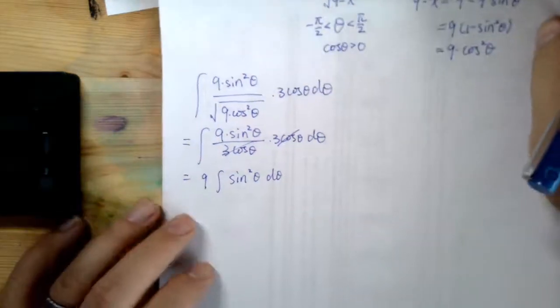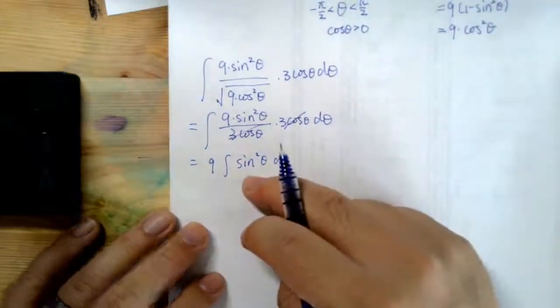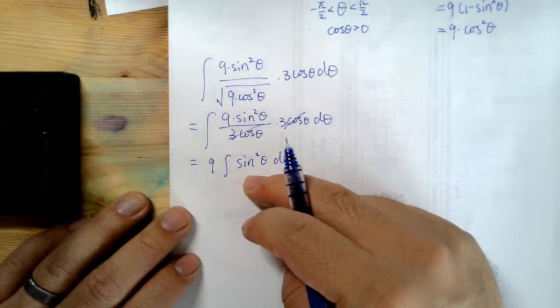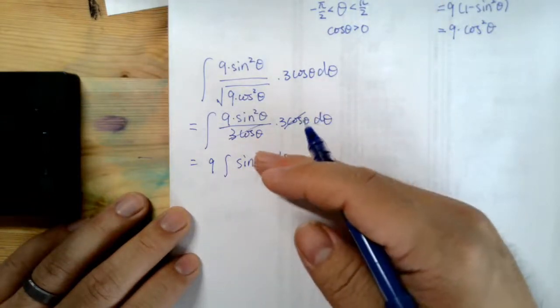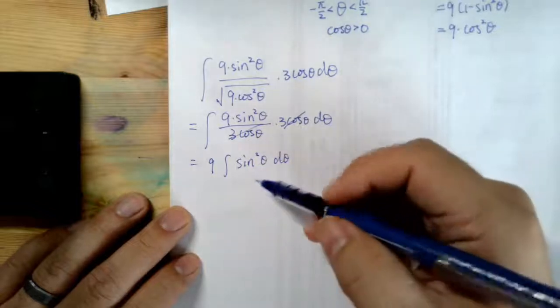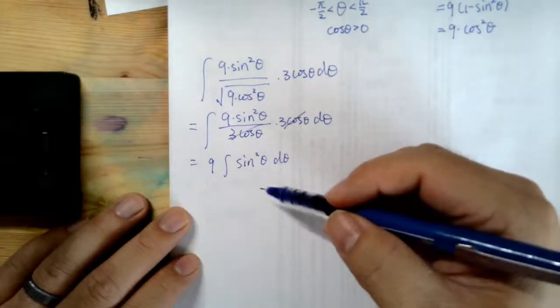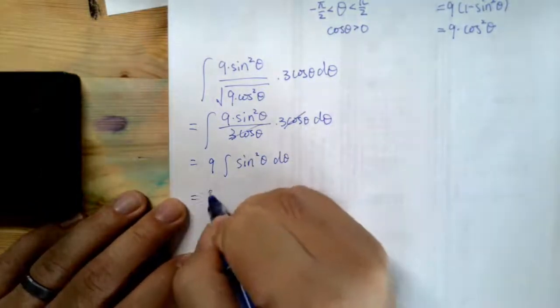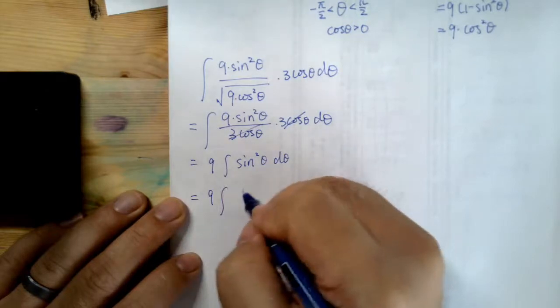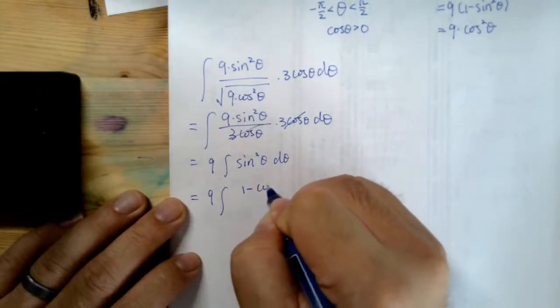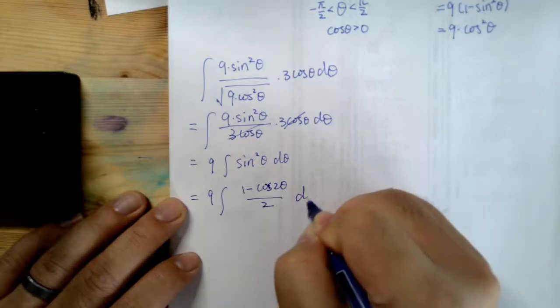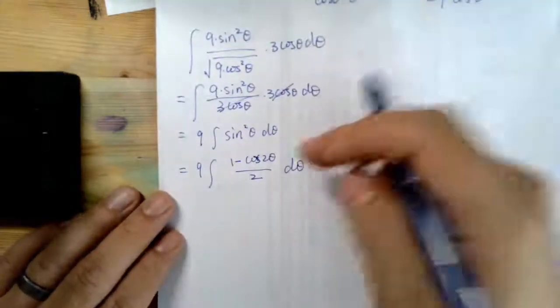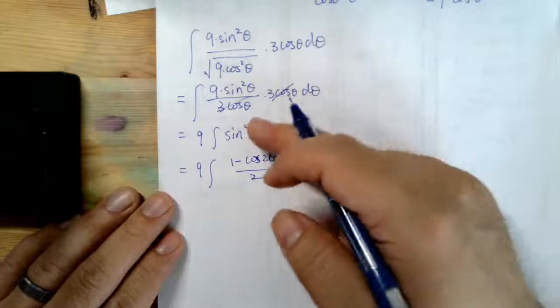Okay. So up to here, we're going to use one of the trig identities to decrease the degree of this term, because this is sine squared. We want to use this trig identity, which is (1 minus cosine 2 theta) over 2 d theta. As you can see, now there is no square involved.